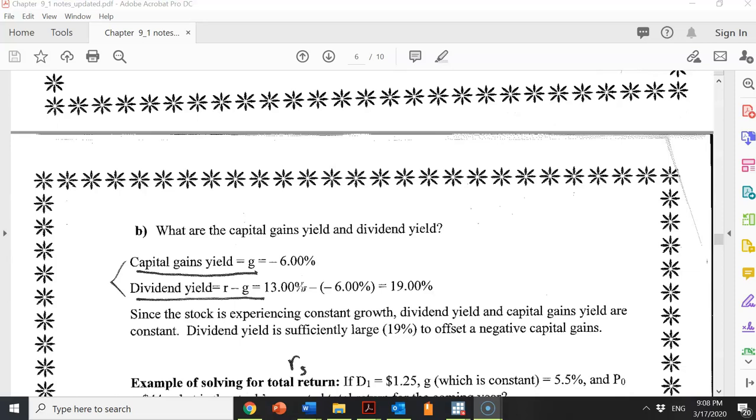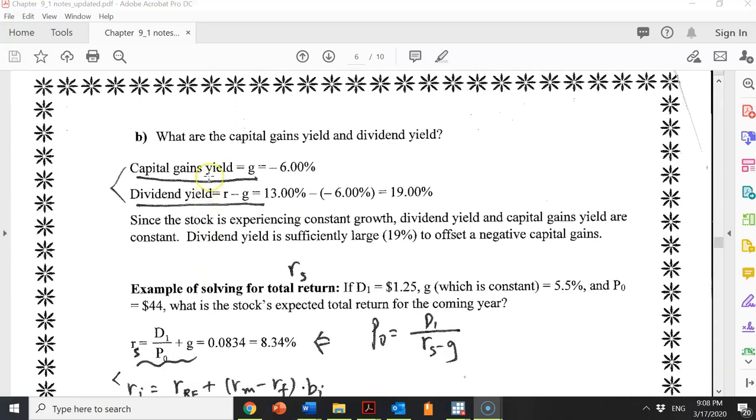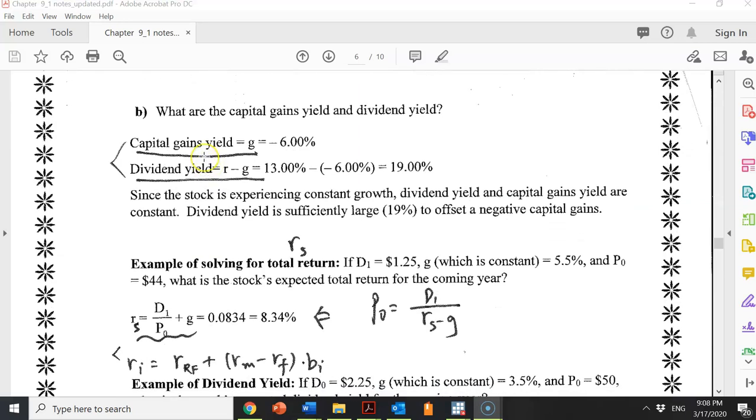In this case, the capital gains yield, according to our conclusions, under the constant growth model setting should be G. That should be the same as the growth rate of price and the growth rate of dividend. It is G, it is the capital gains yield. Here it is negative 6%. For dividend yield, it is the total stock return R minus capital gains yield, which is 13% minus negative 6%, which is 19%.